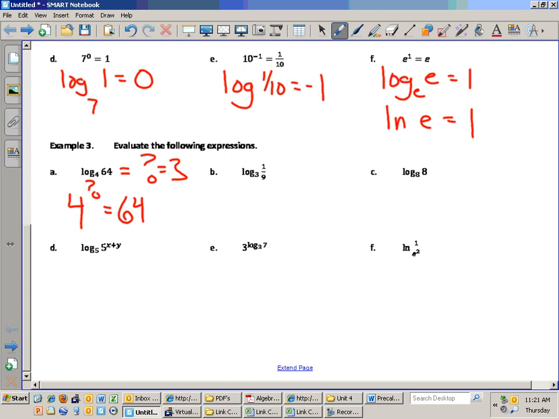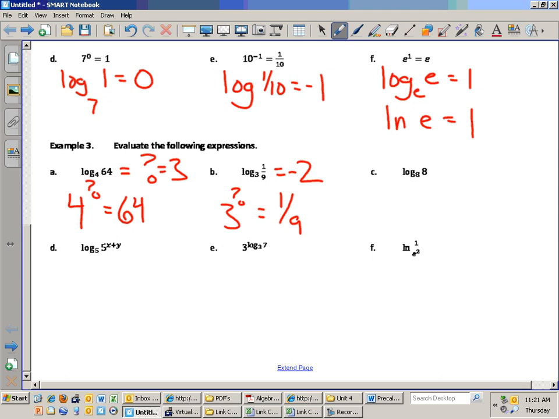Log base 3 of 1/9. That would say 3 to some power is equal to 1/9. Oh, that's a little bit different. Negative 2. I square it to get the 9, and then because it's in the denominator, it's to a negative power.